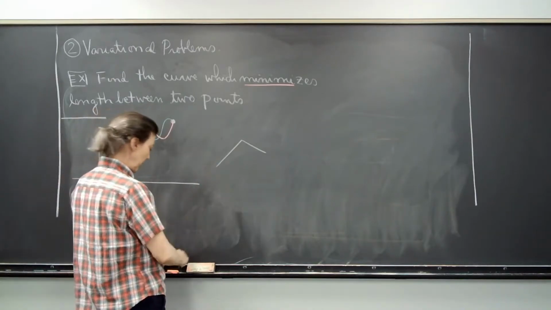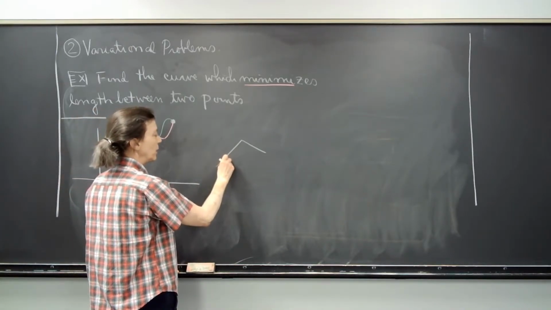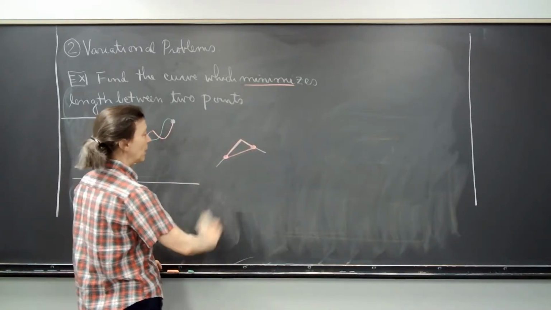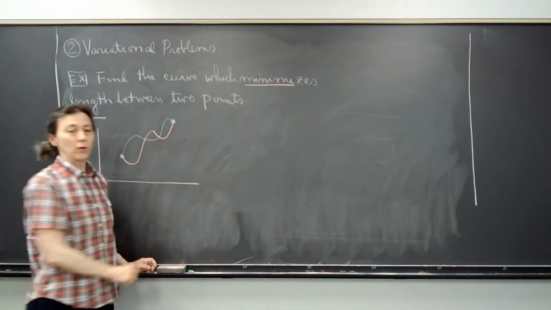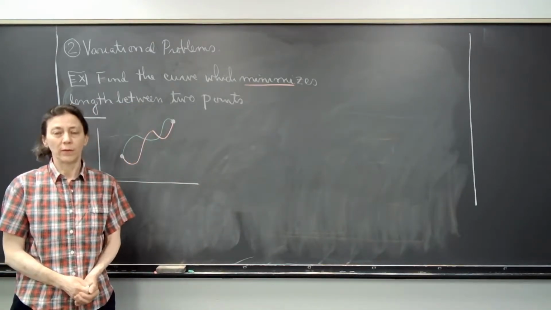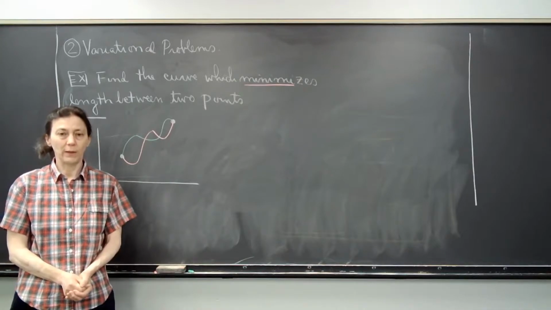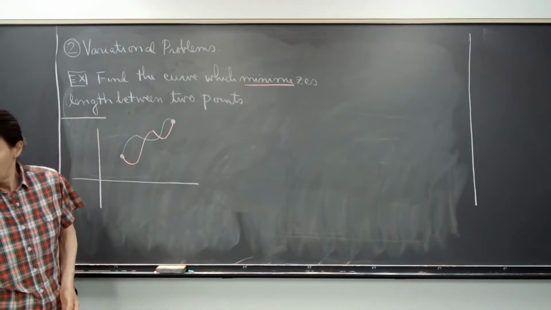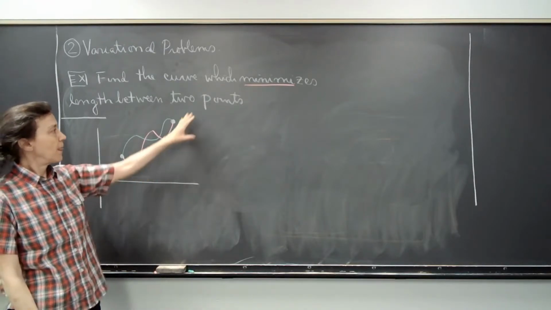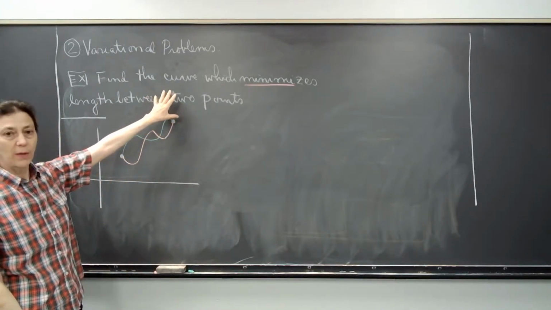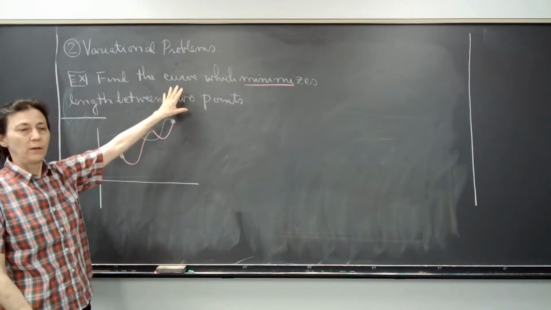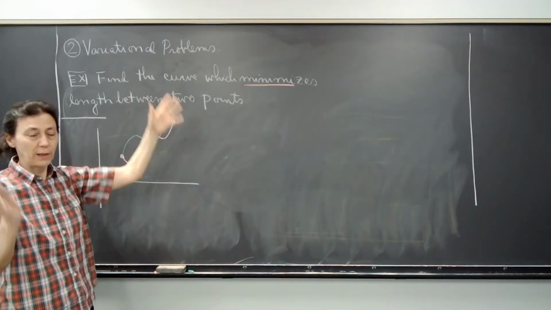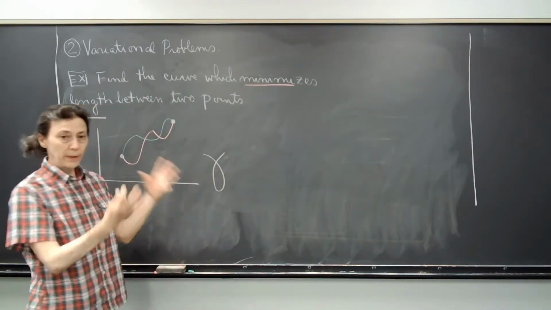Because the shortest distance between 2 points, you're not going to go around a corner. And so a minimizer will probably also be at least of class C1. It will probably have at least one continuous derivative. So you expect the minimizer to be a differentiable function, not just a random curve, but the graph of a function.